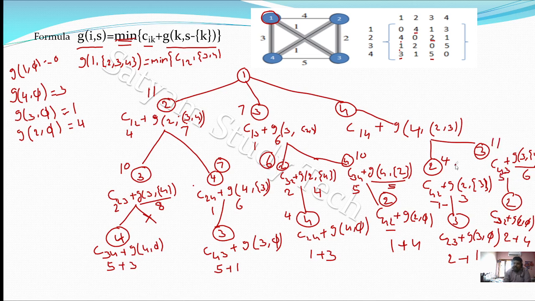You can note down here. So which is the minimum here? 4 is the minimum. So here C of 1 4 is 3. So 3 plus 4, that is 7. You can note down here. It is 7. Here also 7.